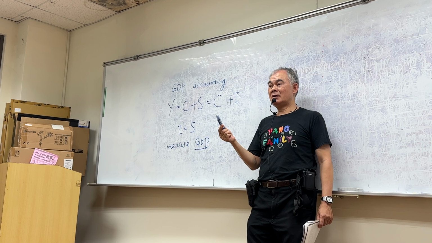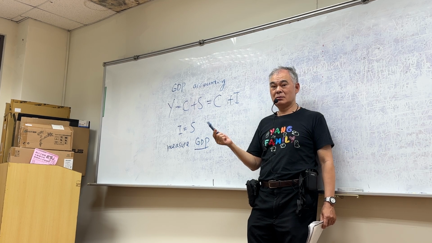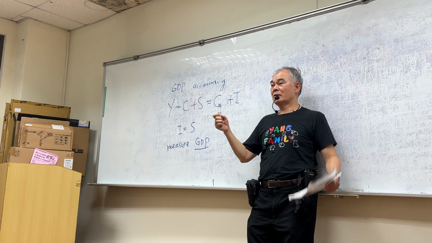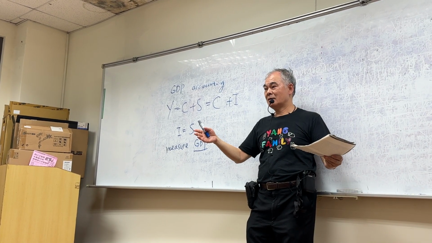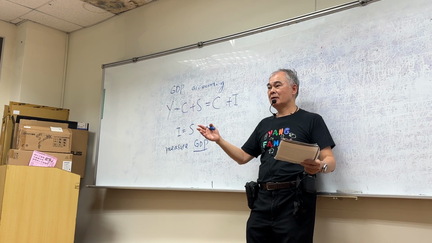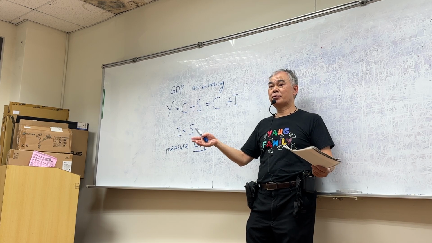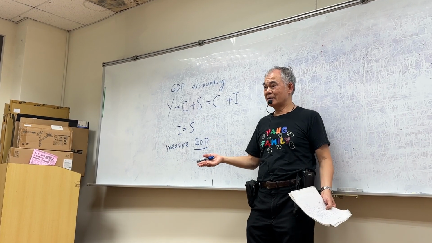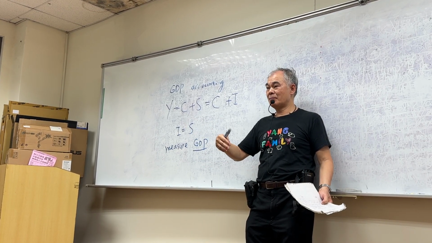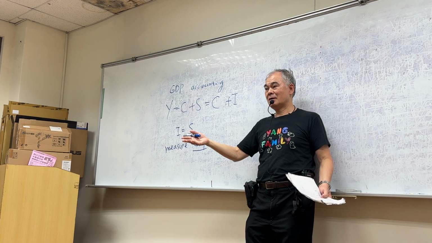So does that mean it is all part of the GDP? The answer is no, right? Because all the stocks, when you trade it, either you buy it or you sell it, it is not produced. It is only exchange what? Ownership, right? So yours becomes mine, mine becomes yours, right?